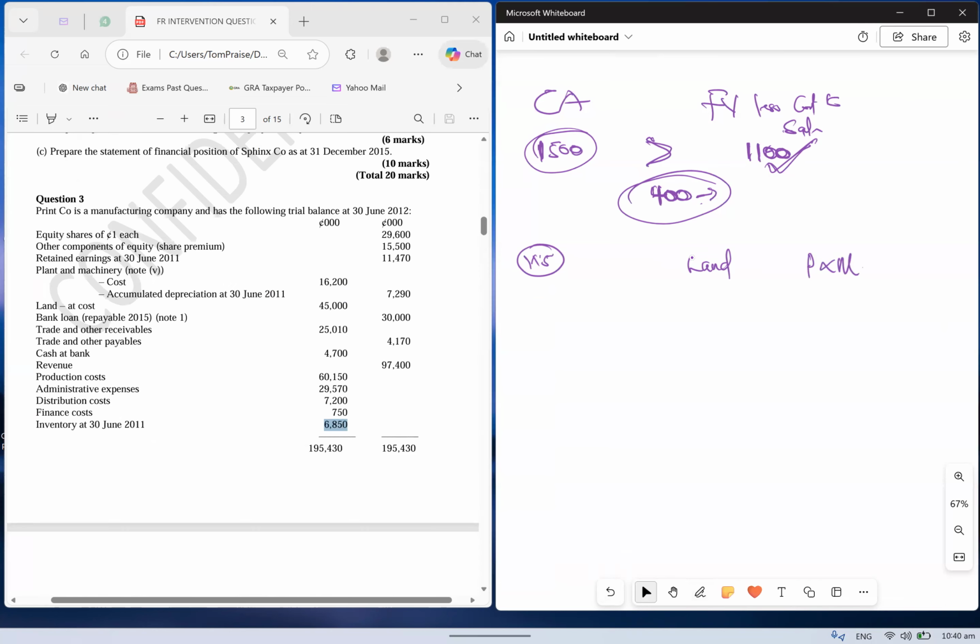What is the cost of the land? But anyway, in the exams, you don't need to be writing cost. Just go ahead and do it. So land is 45,000. Then P&M.